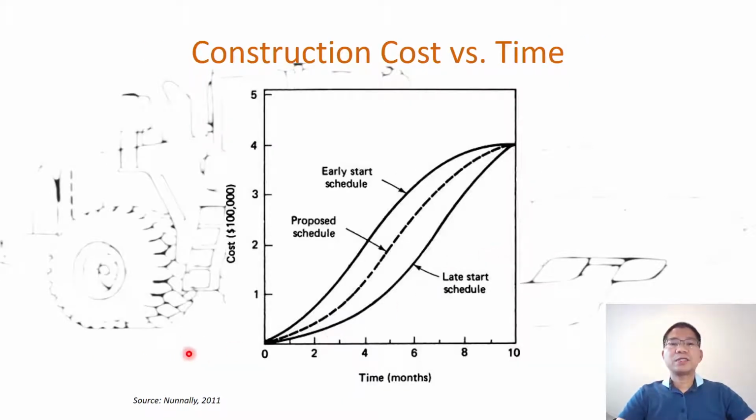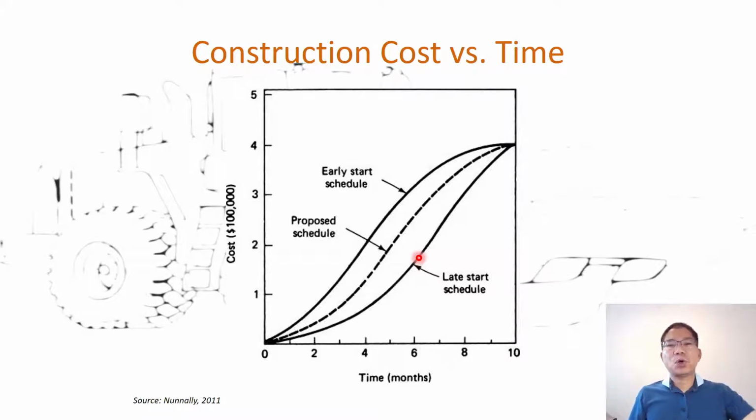And of course, in project planning, we learn the schedule and we learn the cost. Here, it's over time, with the early start and early finish schedule. So if we start early, then you have to spend money earlier. If you start late, it's riskier, but we delay the payment and delay the expense.